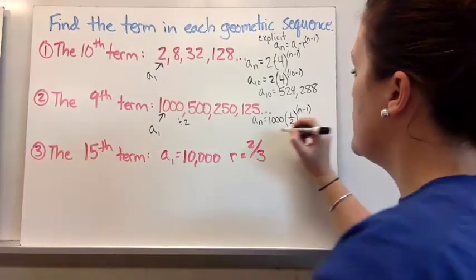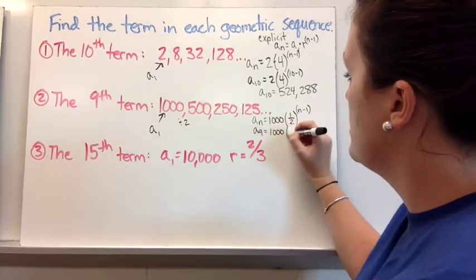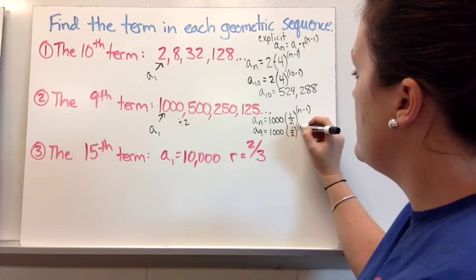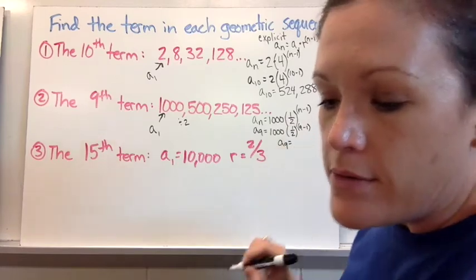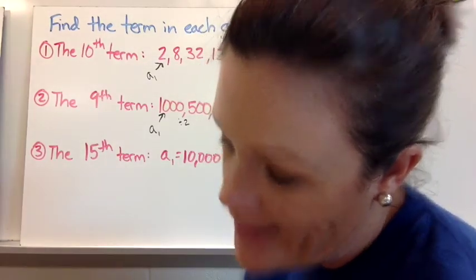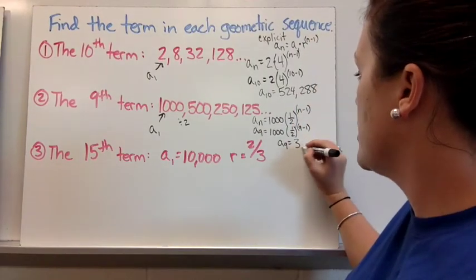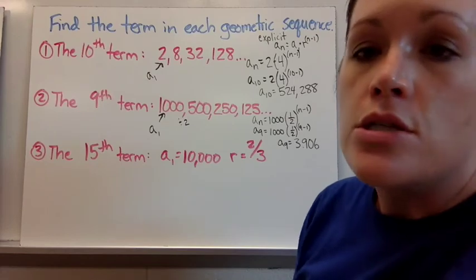And then we want to fill in the 9. So the 9th term is 1,000, 1/2, and then 9 minus 1. And then I've already calculated to save us some time. And that gave me 3.906 approximately. It was a decimal. They're getting smaller. So let's look at the last one.